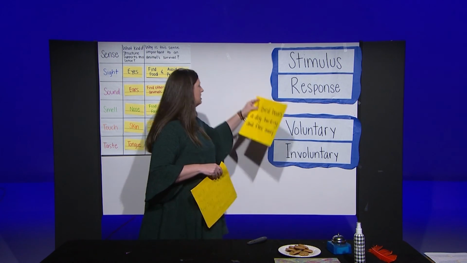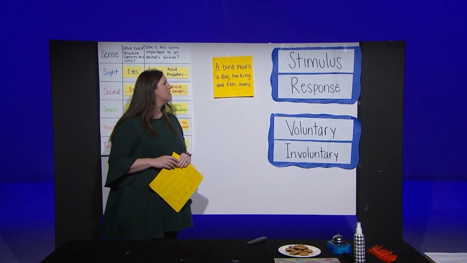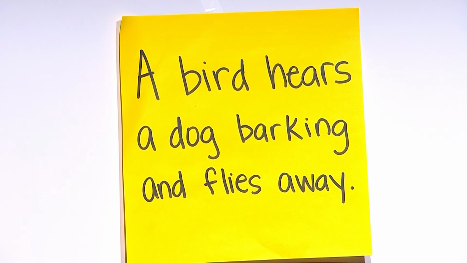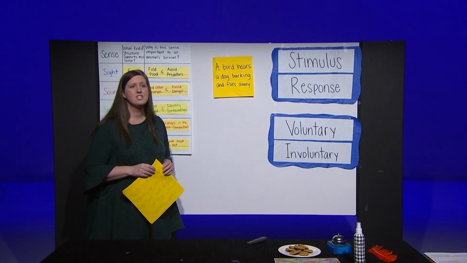Let's look at this first example. A bird hears a dog barking and flies away. What do you think is the stimulus in this example? That's correct. The dog is barking. What is the response? Yes, the bird flies away.